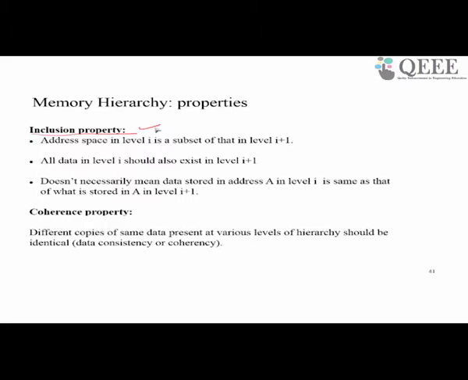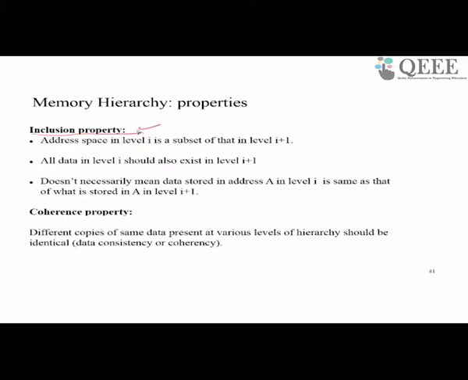In other words, the content of cache level 1 should definitely be present in the level 2 cache, and all the contents of level 2 cache should be present in the main memory, and the content of the memory should be present in the secondary memory, and so on. So, the level i is a subset of level i plus 1.